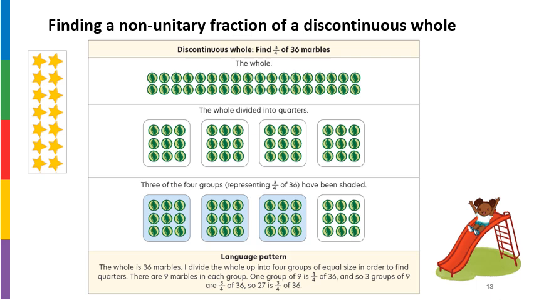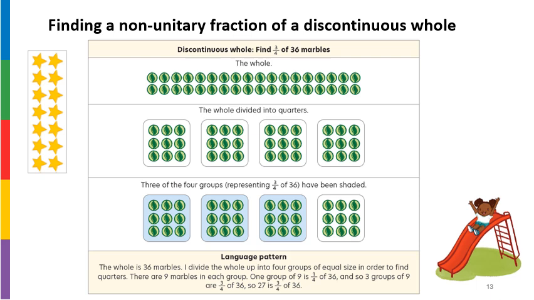And the 36 marbles, that is the discontinuous whole. So underneath that we see a picture of those marbles, and altogether those 36 marbles make up the whole.